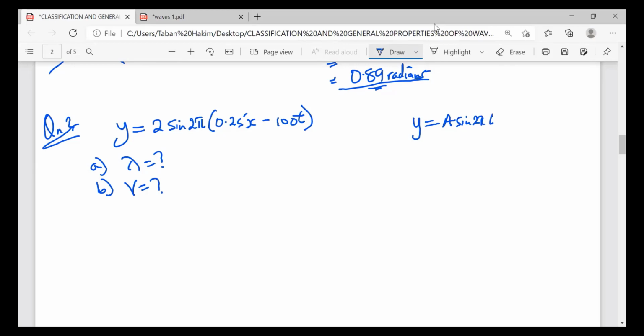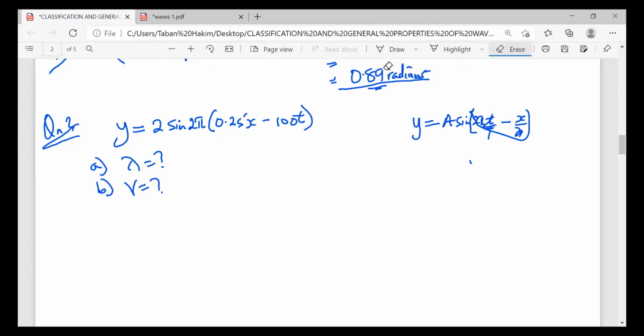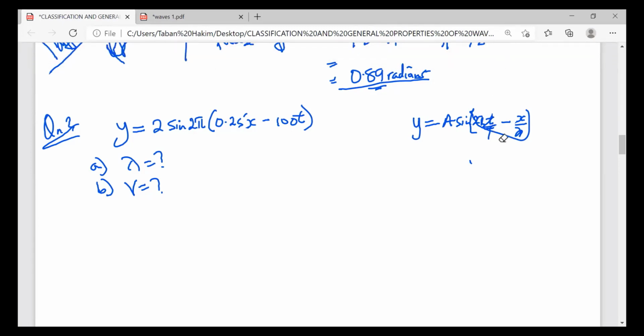So it was t over capital T, then minus x over lambda. Okay, so after that, what do we do?